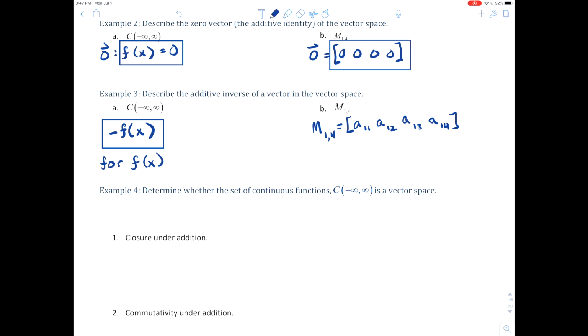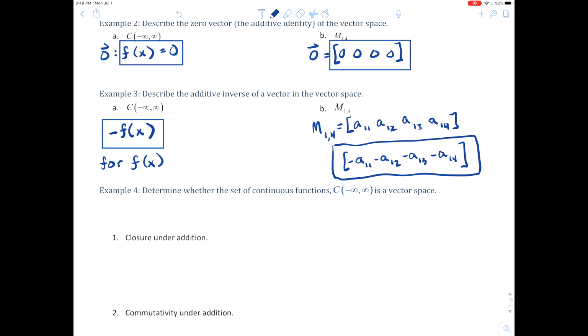Then our additive inverse would be what? Negative A11, negative A12, negative A13, negative A14. Or you could factor out the negative if you'd like, and that would be it. Cool, cool?